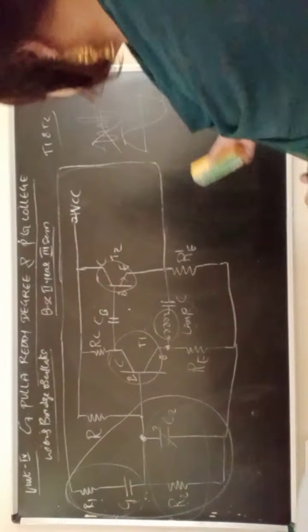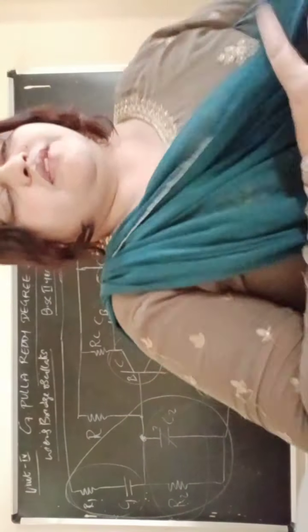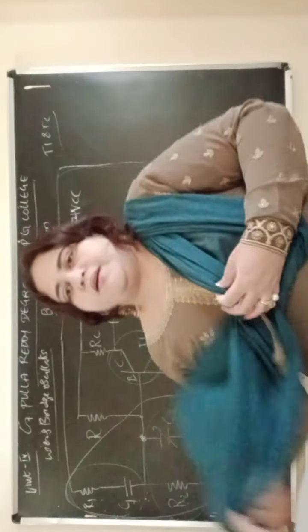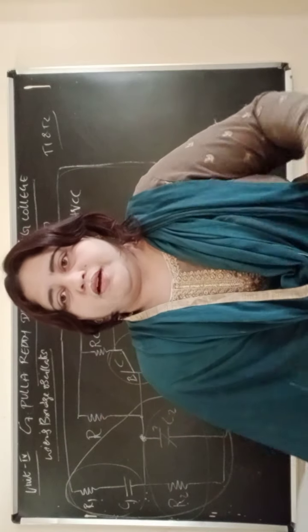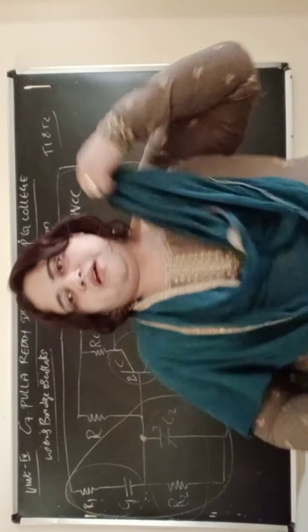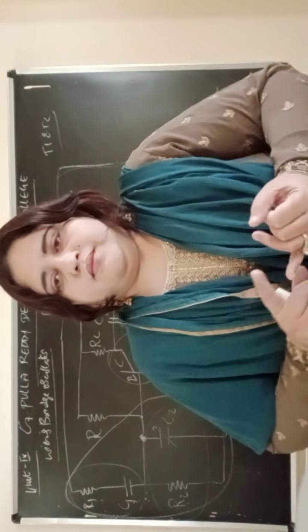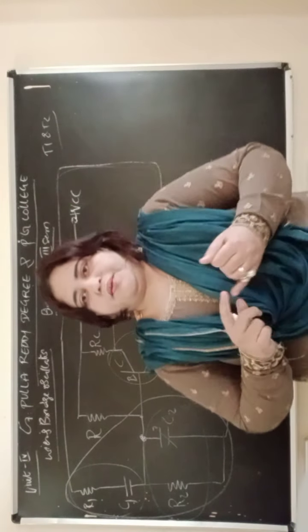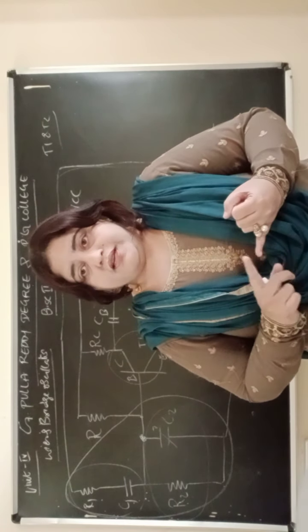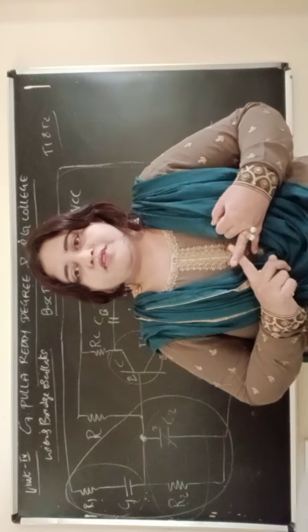Now in the circuit description, what have we studied? First, it consists of two transistors, T1 and T2. The output of T1 is going as an input to T2. Then we went for the feedback network.